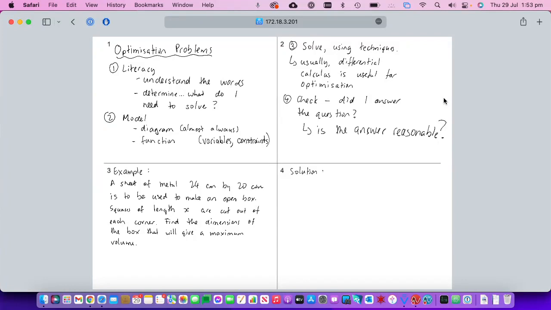The more complex the problem is, the more this becomes an issue. If you rush into writing a model, but the model is rubbish because it is based upon assumptions that you shouldn't have made or a misunderstanding of the question, it doesn't matter how good your mathematics is, your answer is still wrong, your model is still wrong, it's all just wrong. So do make sure you spend time with the literacy section and the modelling section so that when you do solve it, it's actually worthwhile.